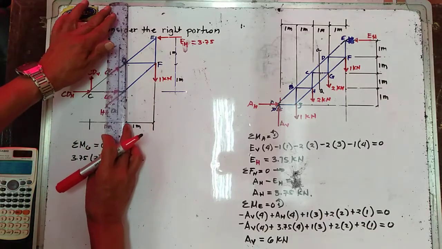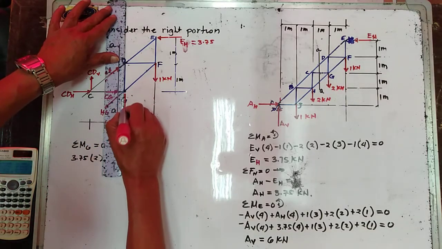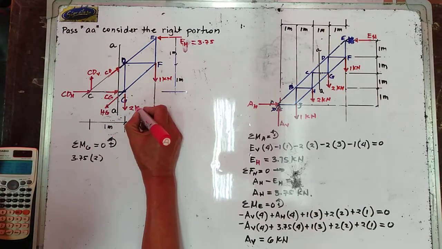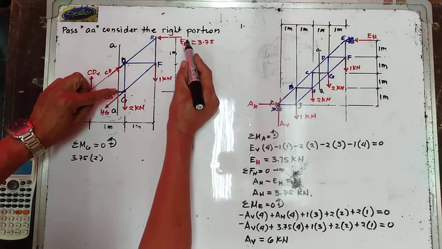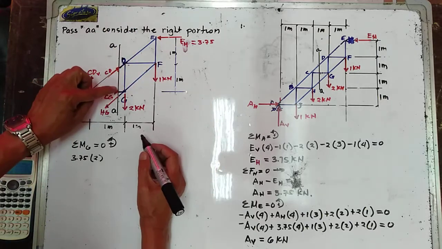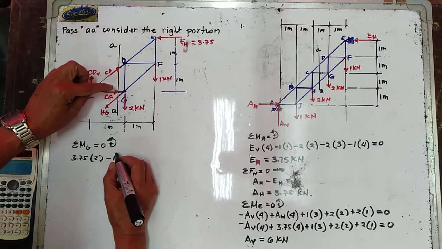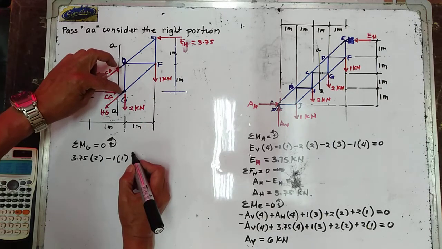And then we also have at point G is now your 2 kilonewton. So this is at point G, that is 2 kilonewton. Now, so we have 3.75 by 2. And then, minus 1, multiply this one by the moment arm 1.